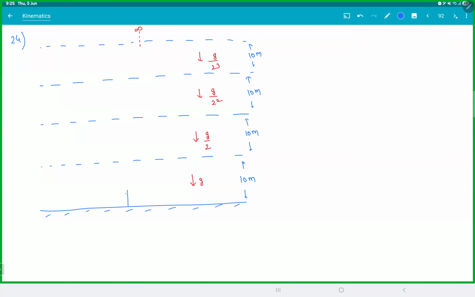Now, you projected a particle with speed u on this kind of a planet. Let's not worry about whether this planet can exist. It exists on my paper, so it is there. For every 10 meters, gravity becomes half. The first question: if your speed of projection u is 15 meters per second, find h max.